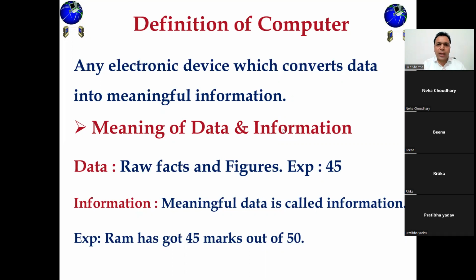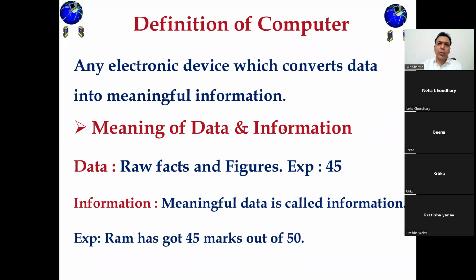Suppose you enter 5 plus 5 into the computer, what does the computer do? It makes a 10. So it is giving us information, right? So the computer has the ability to convert data into information. Suppose you are running a school, and your school has 1,000 students.